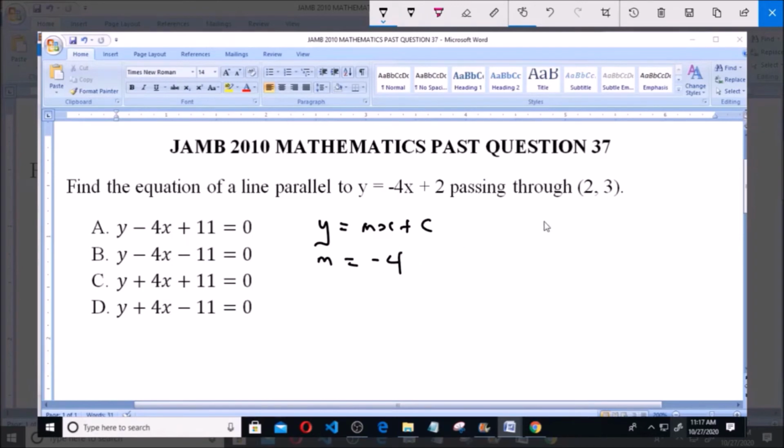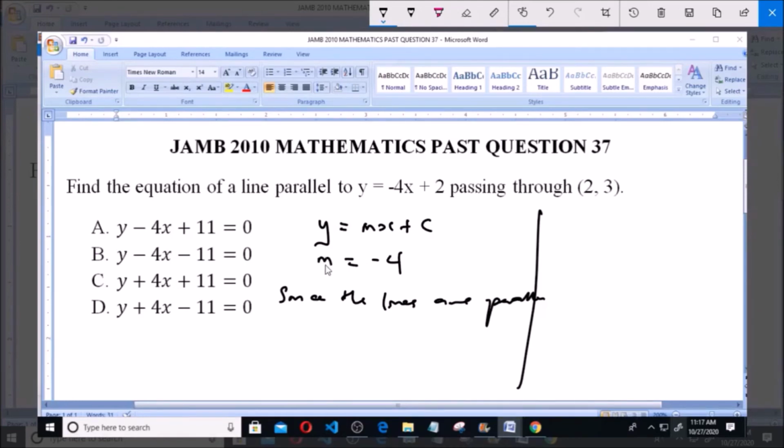Now, since we are told that this line is parallel to this line here, since the lines are parallel, the slope of this first line will be the same as the slope of the second parallel line.